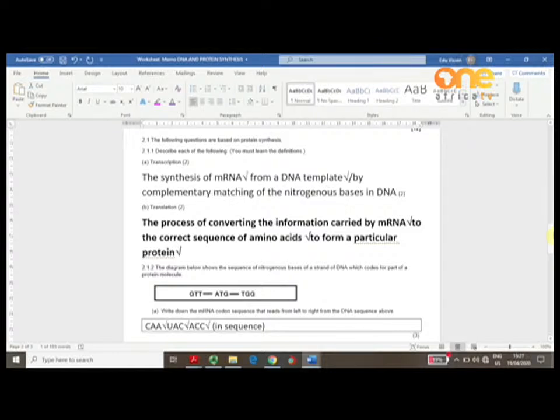Please study this one. Translation, the process of converting the information carried by the mRNA to the correct sequence of amino acids, or the process of converting the information carried by mRNA to form a particular protein.